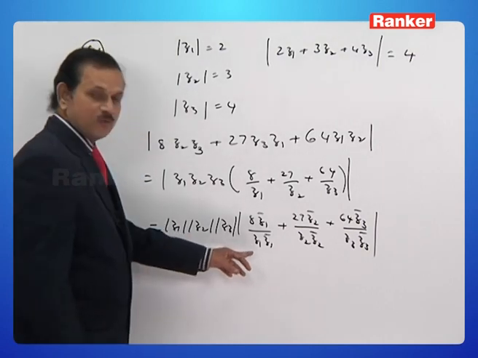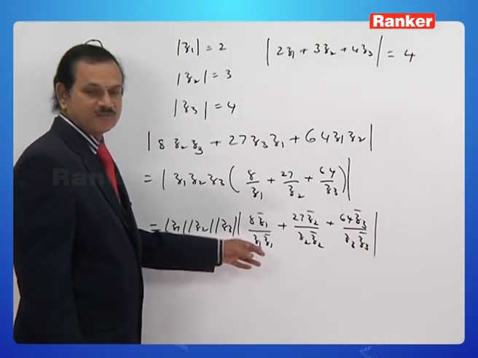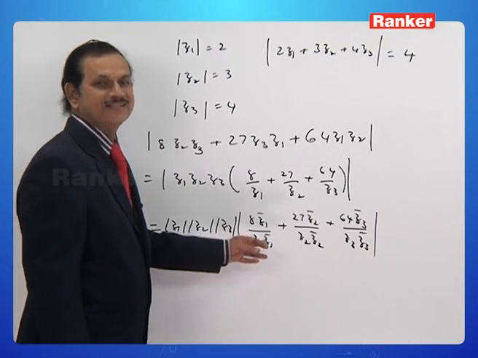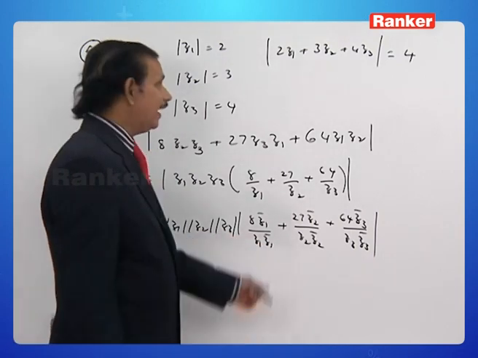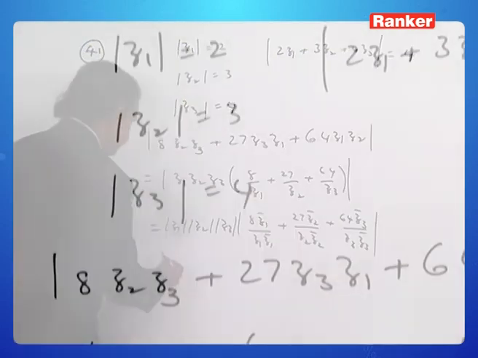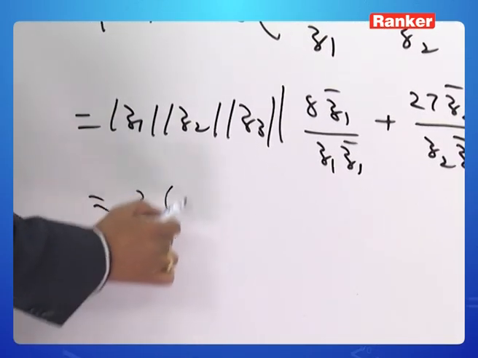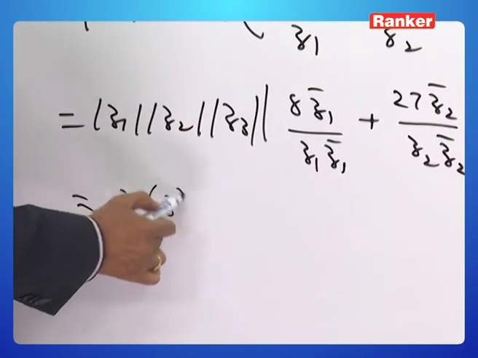Now what is Z1 Z1 bar? From the basic and elementary concepts of complex numbers, Z1 Z1 bar is nothing but mod Z1 square. What is mod Z1 square? It is 4, isn't it? So this is equal to, what is mod Z1? 2. What is mod Z2? 3.